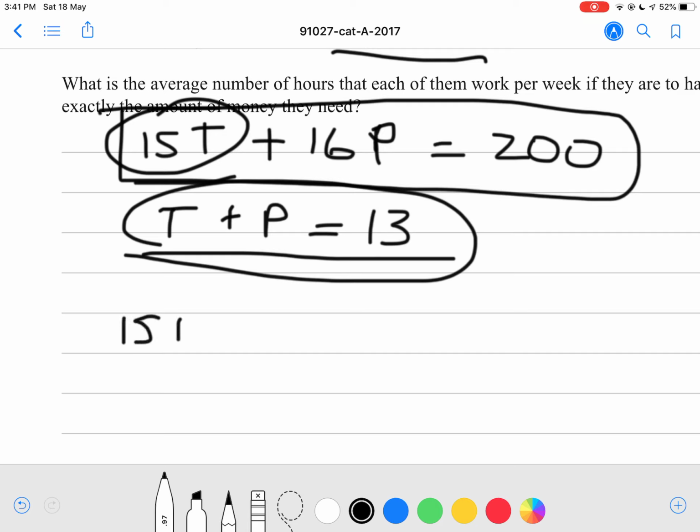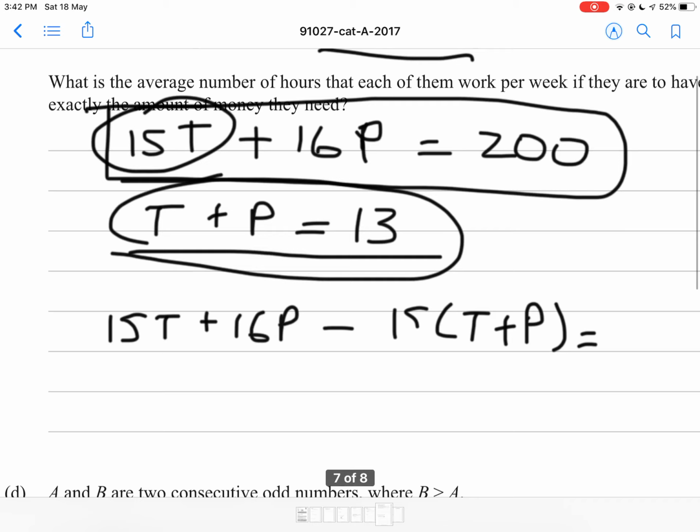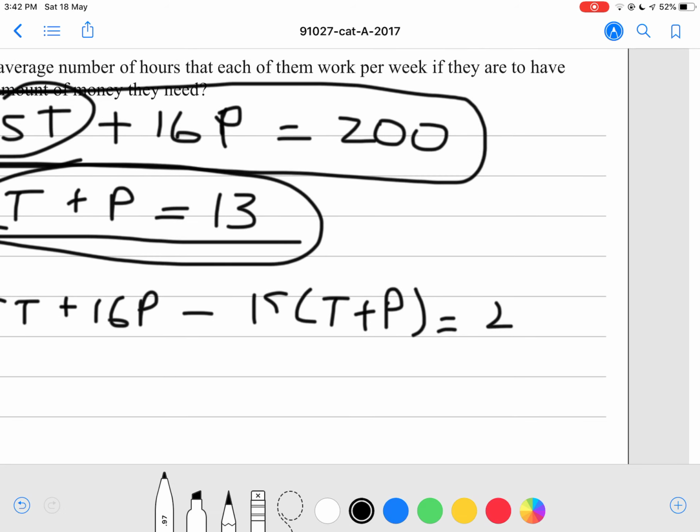So we'll say that 15t plus 16p minus 15 times t plus p is equal to 200 minus, you see the 13 here, so equal to this minus 13 times 15.